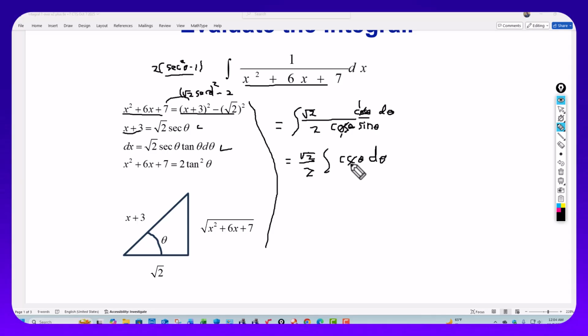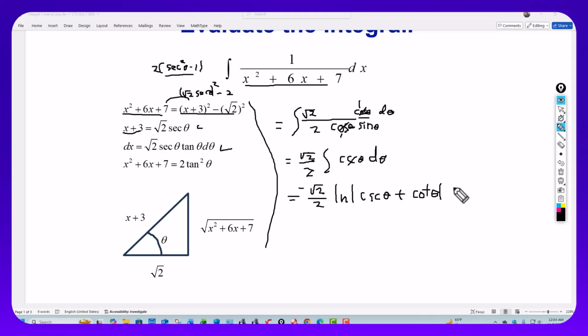There's one similar to the one for integral of secant. So I'll leave the square root of 2 over 2 on the outside. And the integral of cosecant of theta, d theta, is minus the natural log. I put the minus out here. Minus, and it's the natural log of absolute cosecant of theta plus cotangent of theta, d theta.